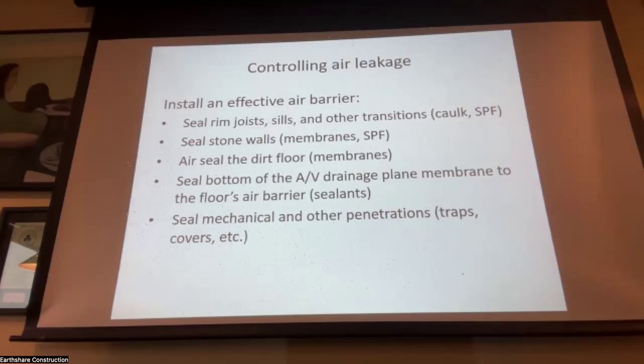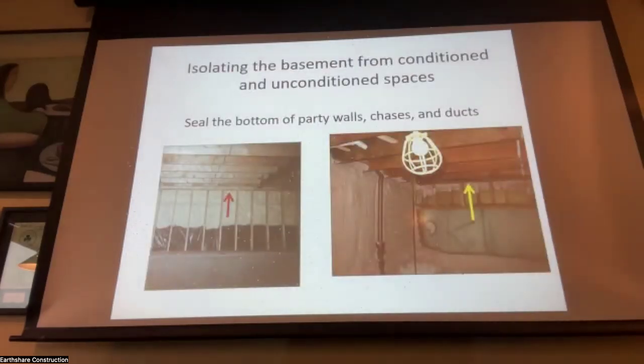Now, this slide, we did a lot of condo units where there were party walls. I didn't know what a party wall is, right? These basements and crawl spaces were open to the party walls right up into the attics. What's a party wall?